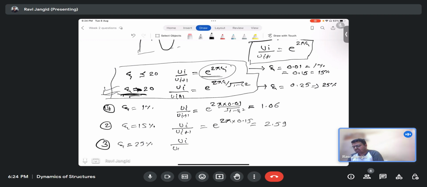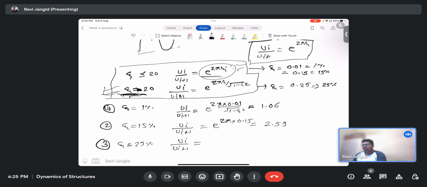And for the third one, you can try with both formulas, you will get a little bit of difference. If you get this kind of question anywhere, like some objective type of question, you will get the wrong answer if you use the simplified formula for damping higher than 20%.